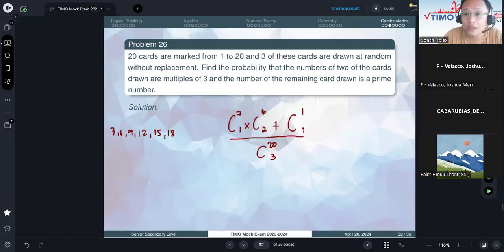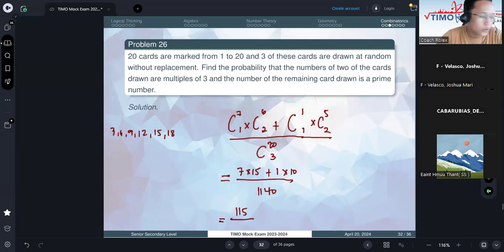Prime, a multiple of 3, that's prime number. So times 5 taken 2. So you will have 7 times 15 plus 1 times 10. And which the denominator is 1140. Then you will have 115 over 1140, which can be simplified to 23 over 228.